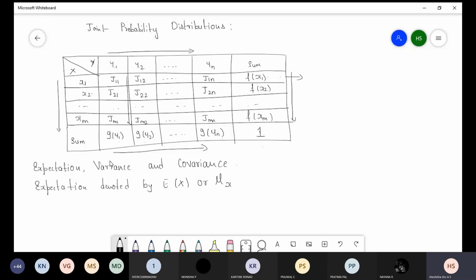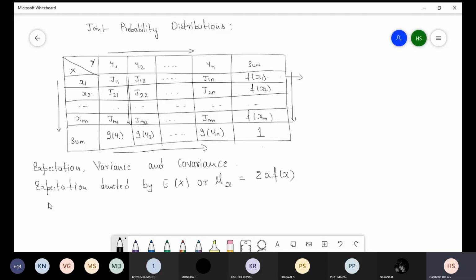That mu x formula is equal to sum of x into f of x.